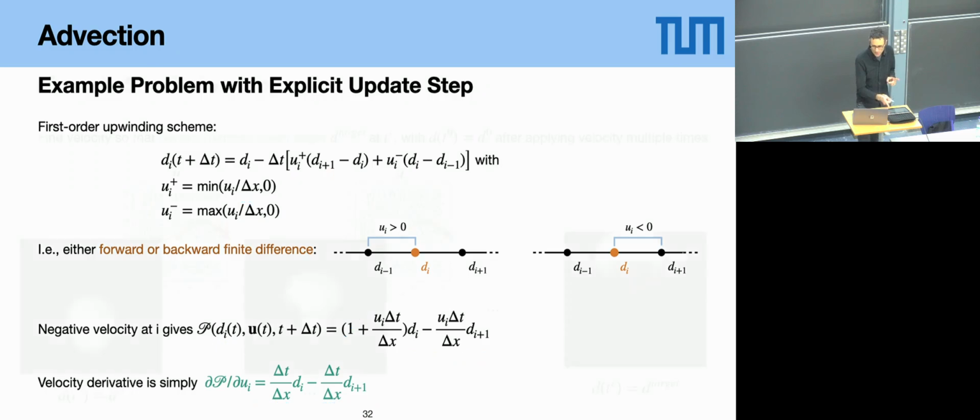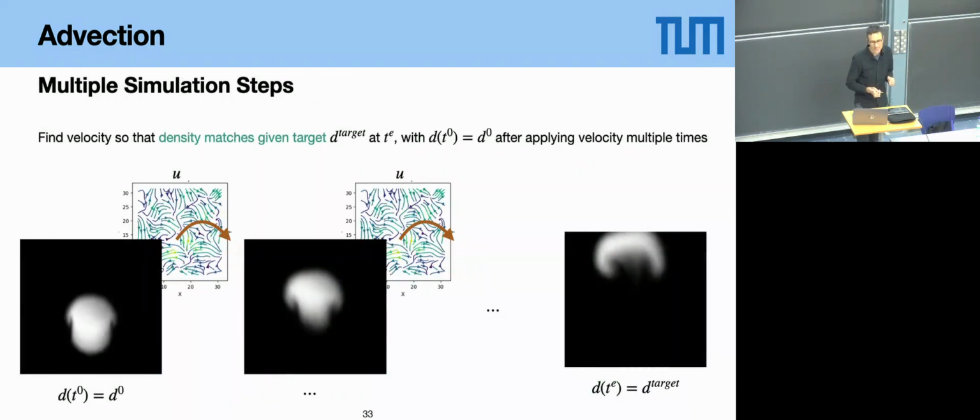First, there's one more complication that I want to talk about, which is multiple steps. We also had that before, right, with the ball simulator or so? We might not just want to do one step, but we might have any number of steps.